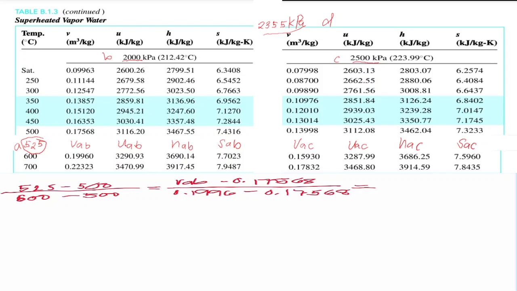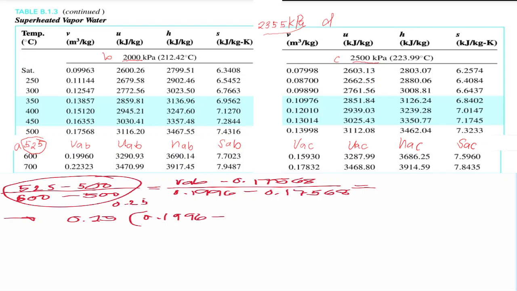This would be equals to, okay, this one will be 0.25. So we arrange that. This one is 0.25 times 0.1996 minus 0.17568, equal to VAB minus 0.17568.